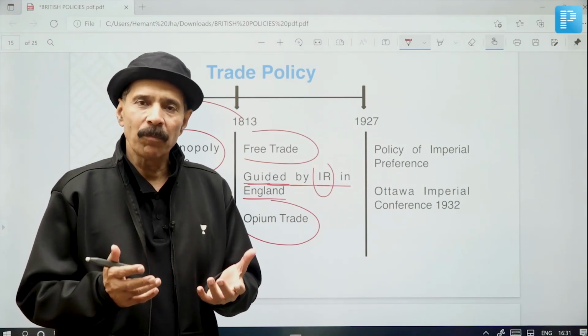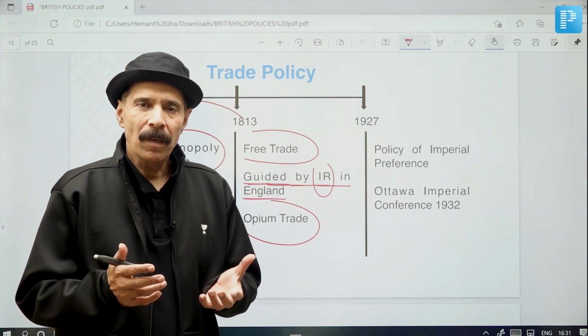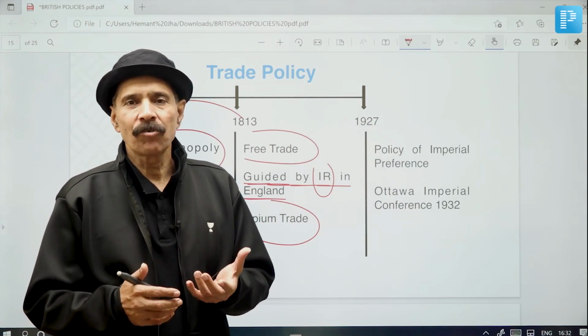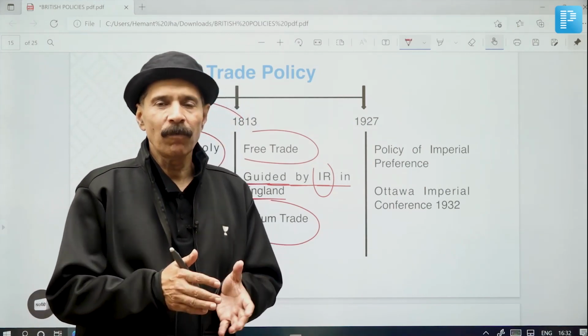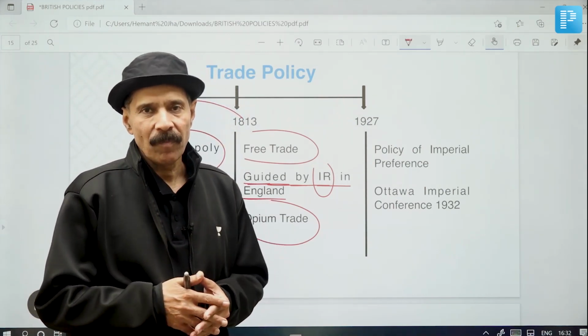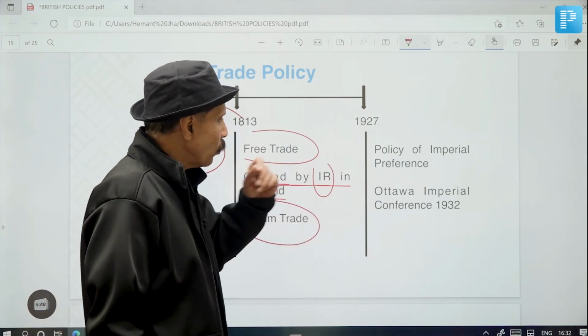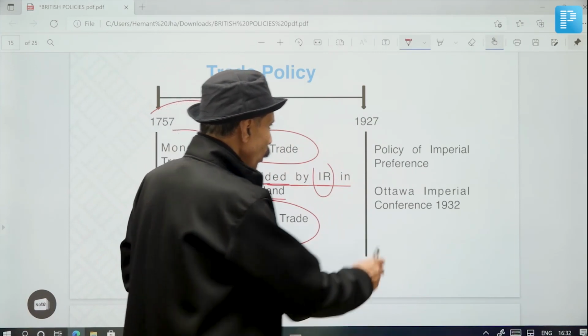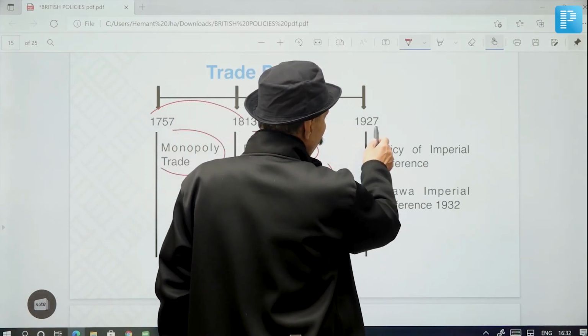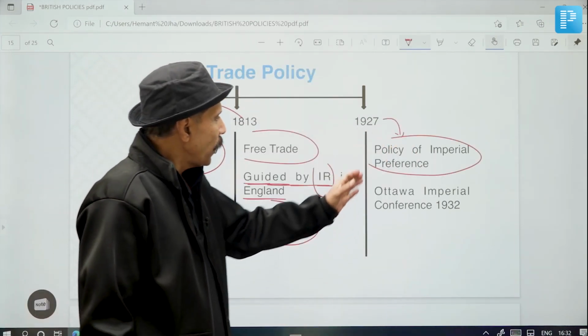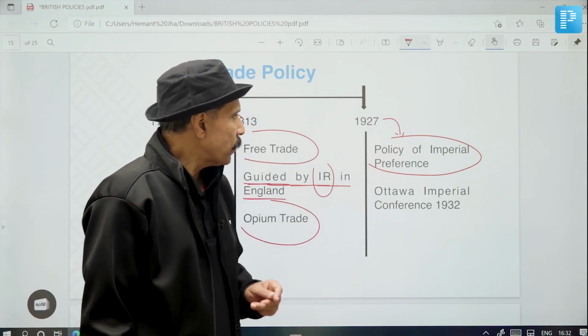Opium trade of the company was meant for making the trade balance with China favorable for the company. And the last thing you are supposed to know here is a policy that was introduced in 1927. This is known as policy of imperial preference.